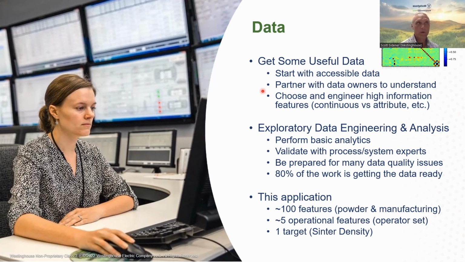So, for instance, if you're doing regression, continuous variables statistically contain more information than attribute variables. And you can quite often produce more capable models if you can get your data in a continuous variable form.